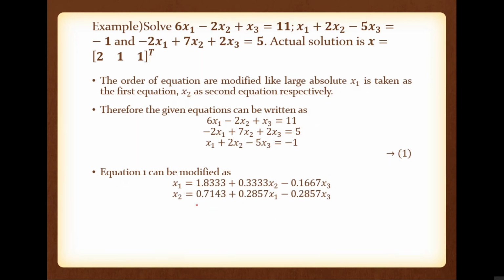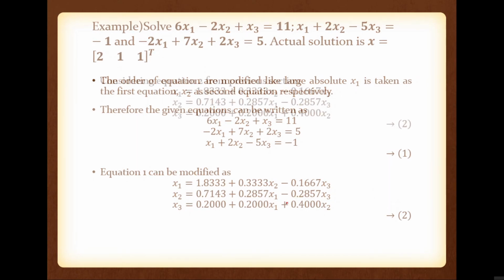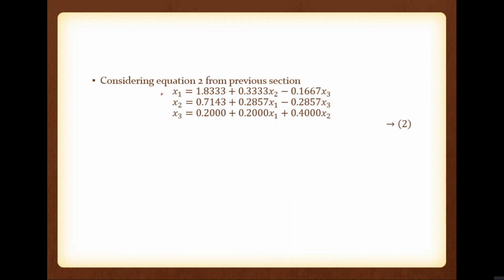Now x2 is equal to 0.714 plus 0.286 x1 minus 0.286 x3, and third equation is x3 is equal to 0.2 plus 0.2 x1 plus 0.4 x2. Okay, so this is equation number 2. So now what we have to do, take the first one, replace the right hand side with x2n and x3n, which will give x1n plus 1.